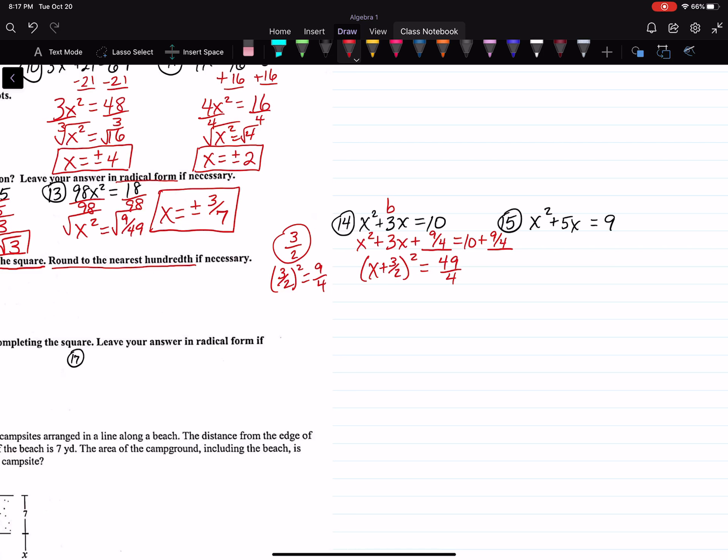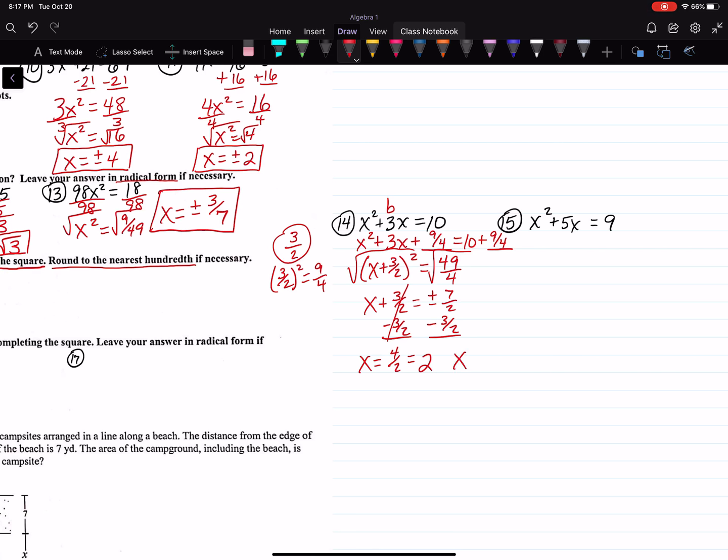Then we want to get rid of the square, so we take the square root of both sides. That'll leave x plus 3 over 2 equals plus or minus 7 over 2, and we subtract 3 over 2 from both sides. Those cancel. We get positive 7 over 2 minus 3 over 2 is 4 over 2, which equals 2.